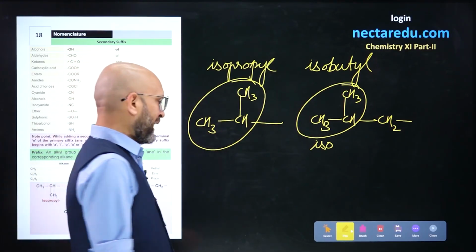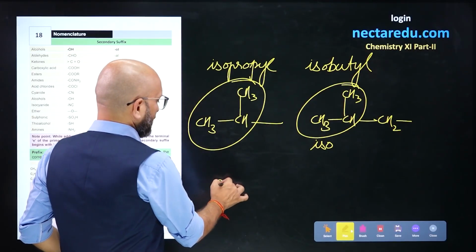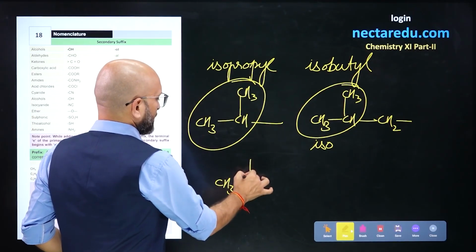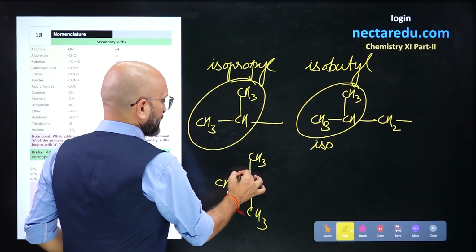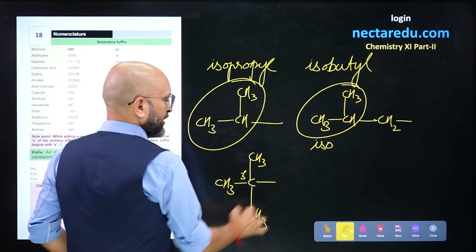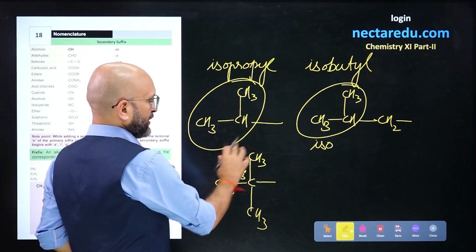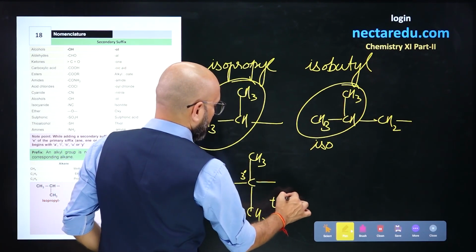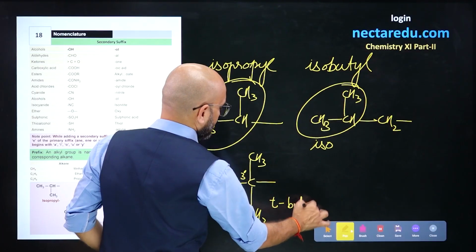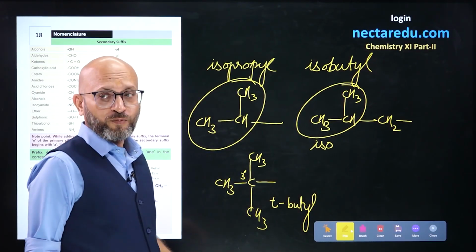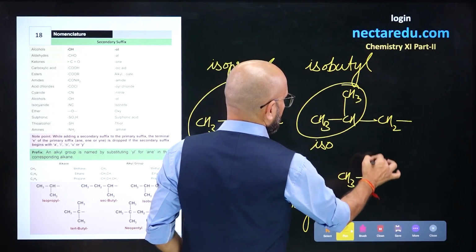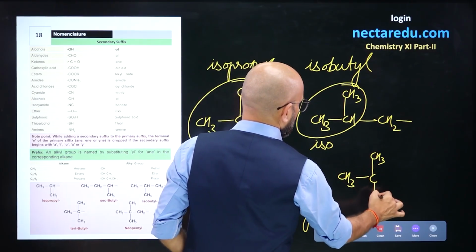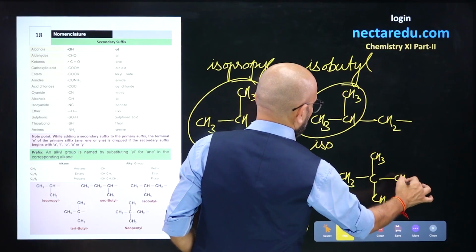And now we have tertiary butyl. Tertiary butyl means we have a 3-degree carbon on which the bond is free. So this alkyl is known as tertiary butyl, and we will write it like this, t-butyl. Next is neopentyl. Neopentyl is this, CH3, CH3, CH3, CH2.